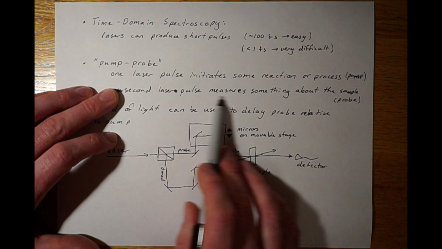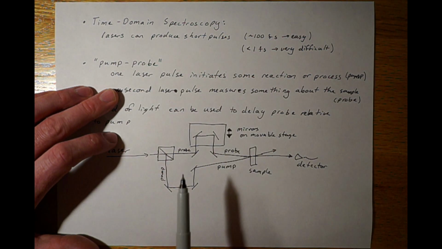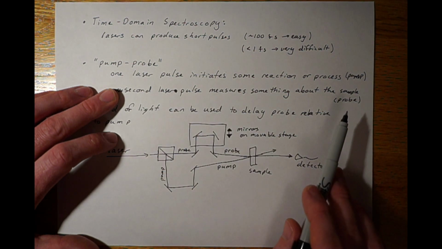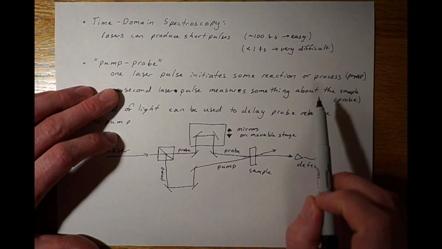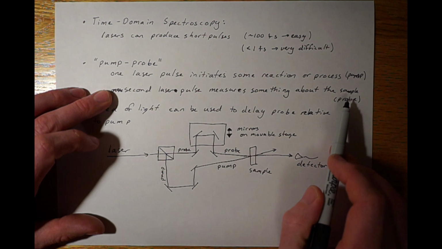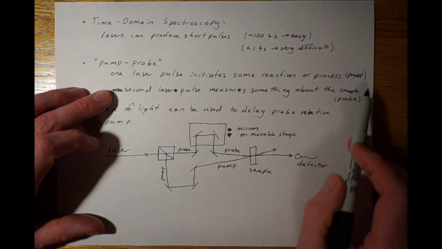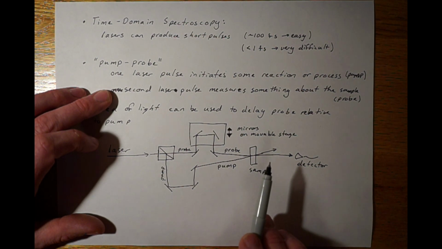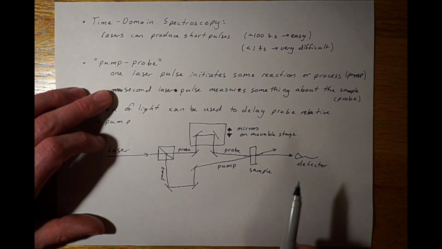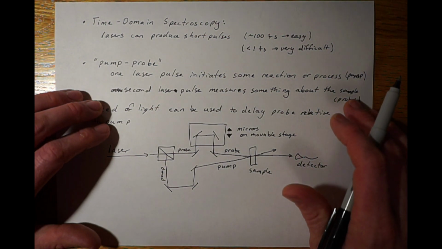And if both of these pulses are very short, on this sort of 100 femtosecond time scale, then that second laser pulse is going to tell us the current state of the molecular system some time after that pump pulse gets there. And so the time delay between our pump pulse and our probe pulse will give us that dynamical information of how fast particular processes happen.